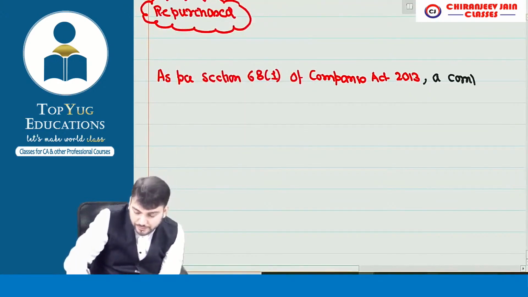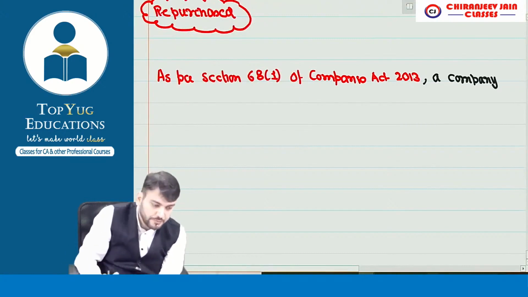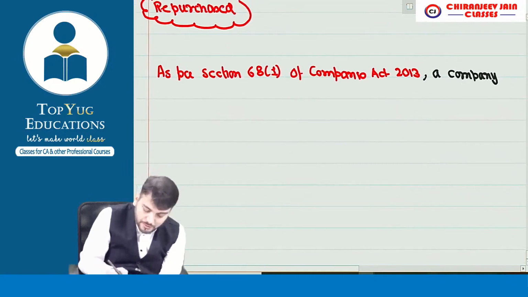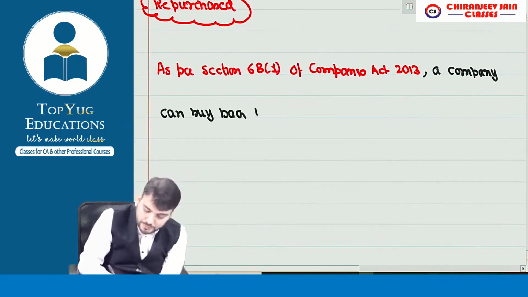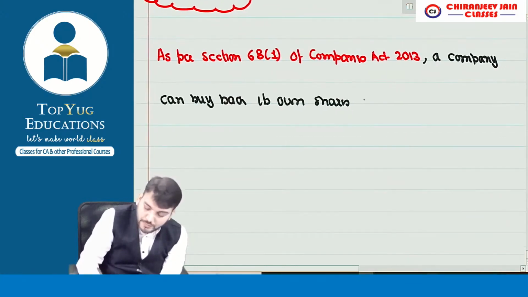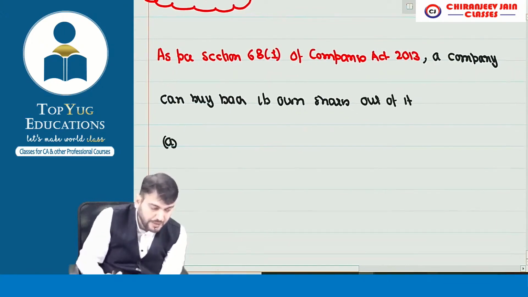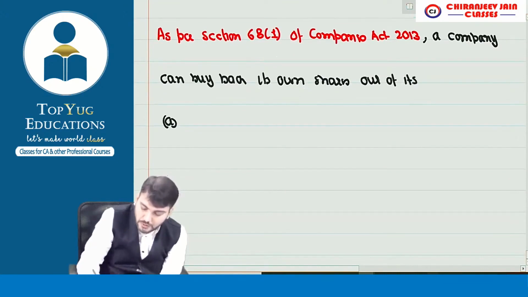A company can buy back its own shares, correct, out of point number A, its free reserve. Now you know free reserve.